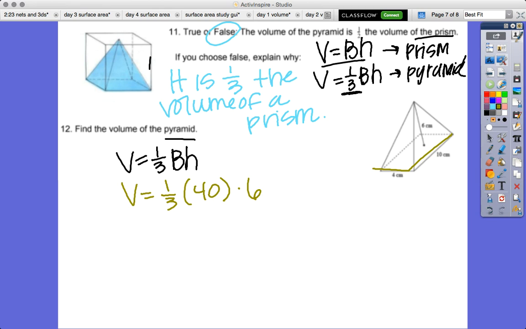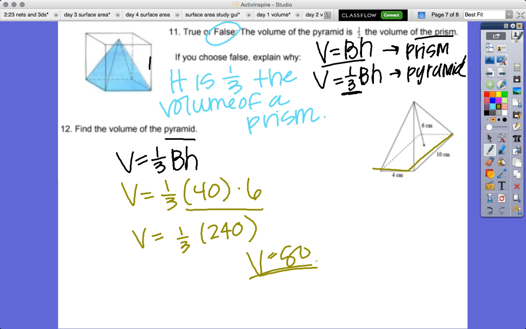Now, the way I like to do this is say 40 times 6, and I get 240. And multiplying by 1/3 is the same as dividing by 3. So in your calculator, if you say 240 divided by 3, you are going to get 80, which is the correct answer. Or you can multiply it by that 1/3.